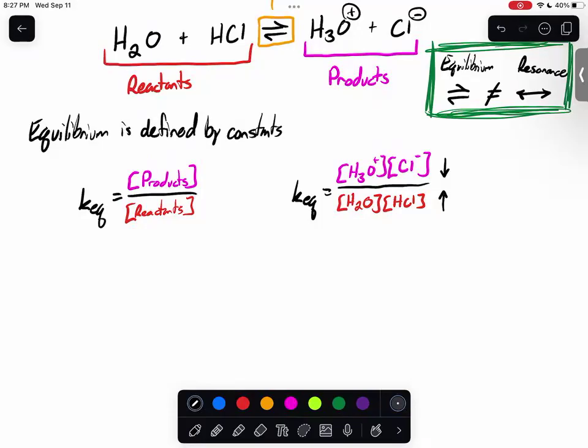And so what this all boils down to is that there are three different equilibrium constant ranges that we can be in, and it gives us different sets of ideas as to what's happening. The first one that we'll talk about is if your KEQ is greater than 1.